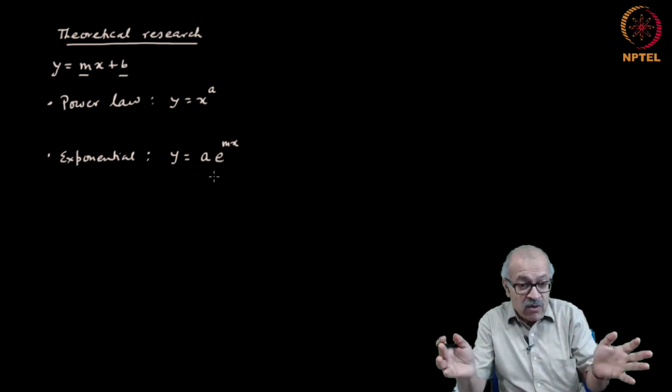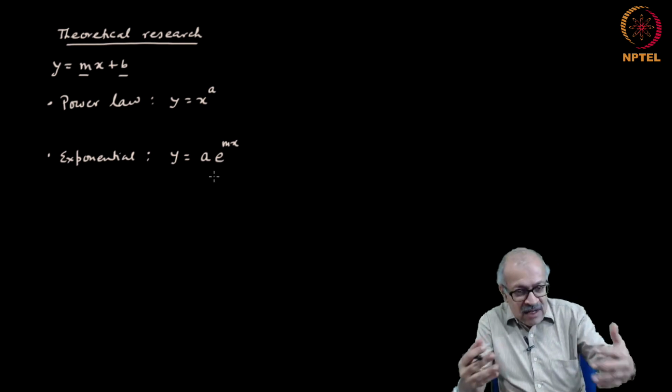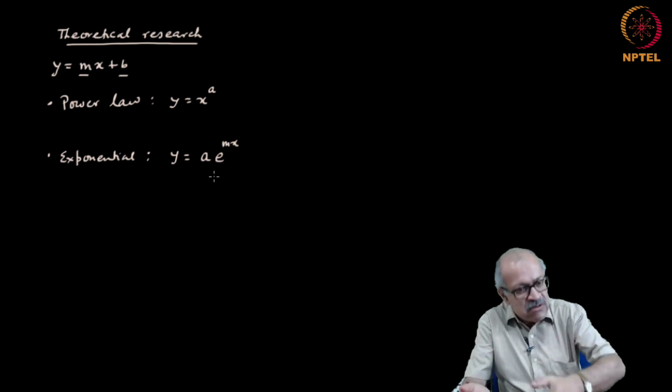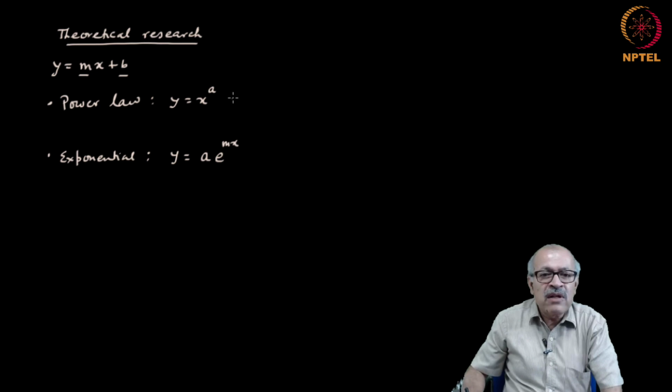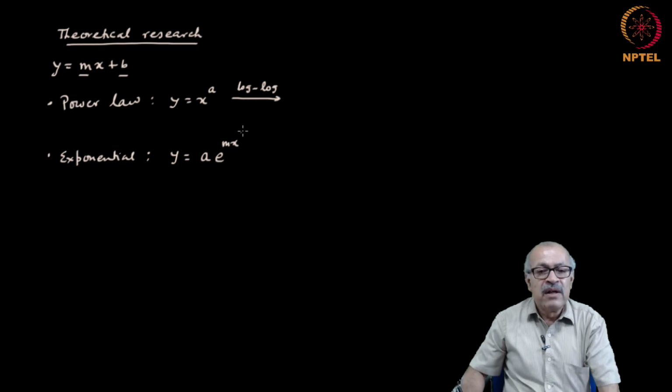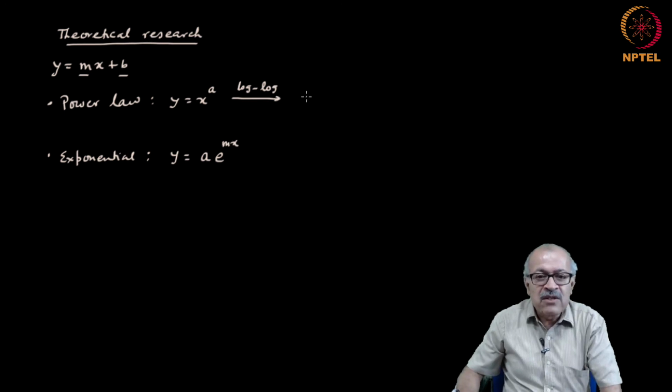How do you do that? We extract these by actually reducing to the linear form. How? If you plot that in a log graph, then you actually do this: log of y is equal to a will come to the front, a log of x.